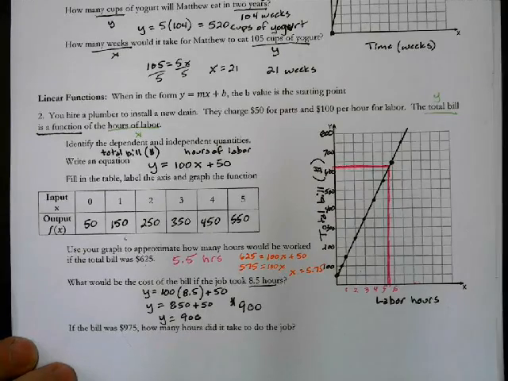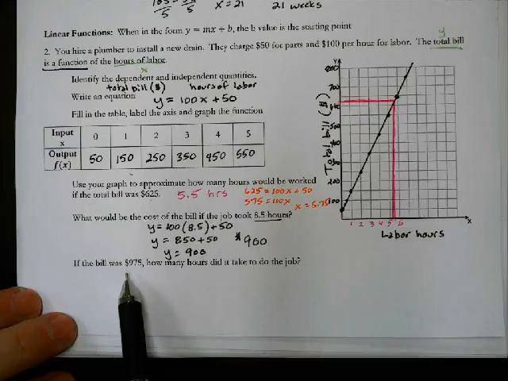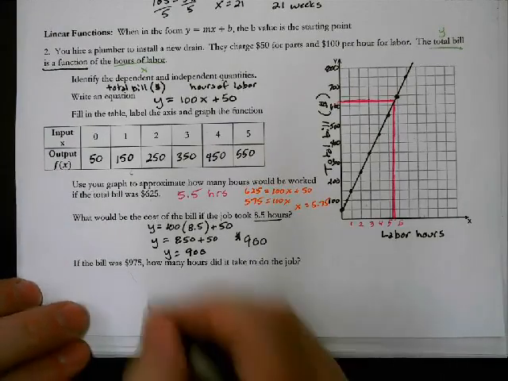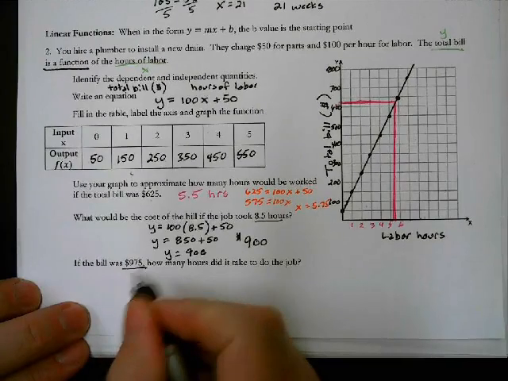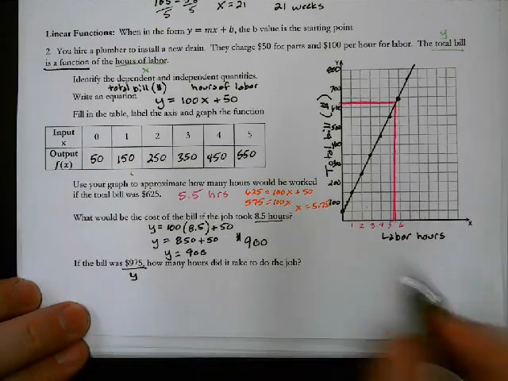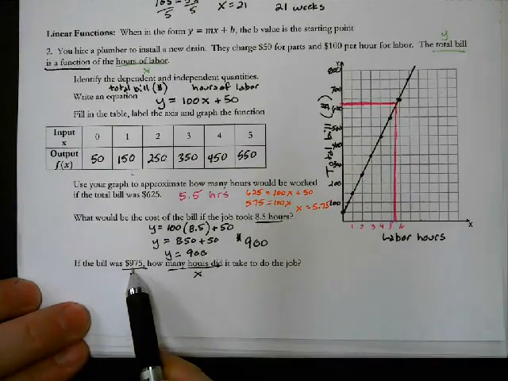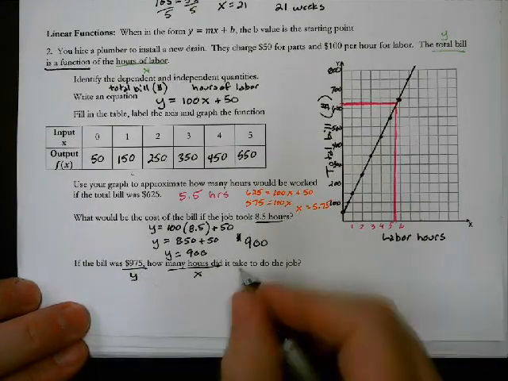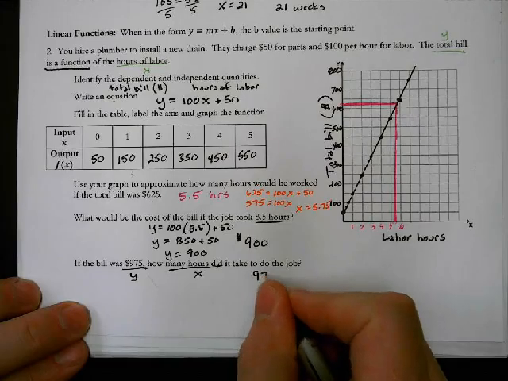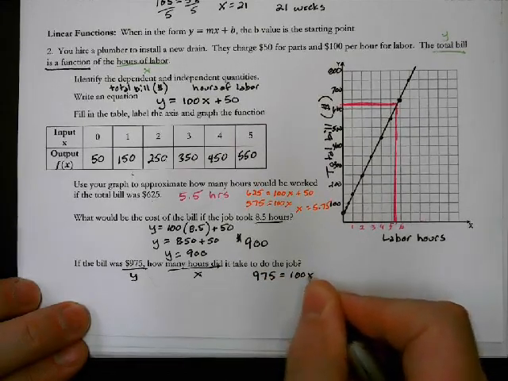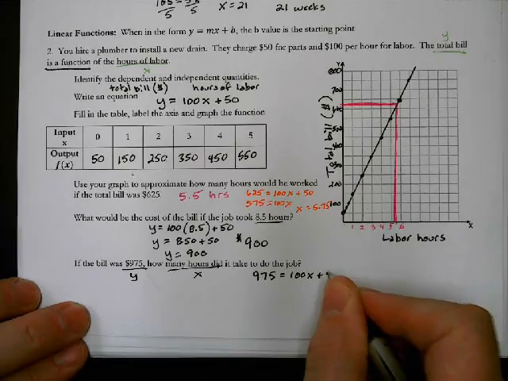Last one, if the bill was $975, how many hours did it take to do the job? Okay, so this is bill, which is the y value. How many hours? That's an x value. So we should plug 975 into the equation that we made for the y value. Here I would subtract 50 from both sides.